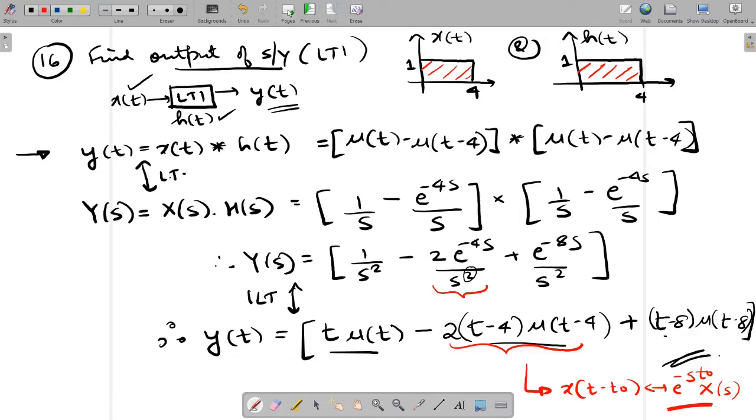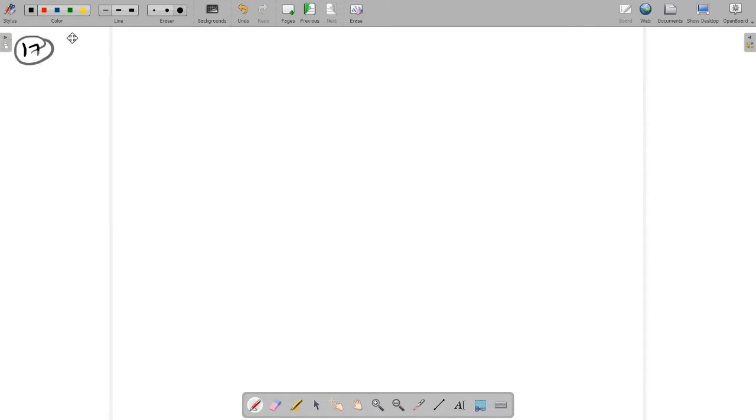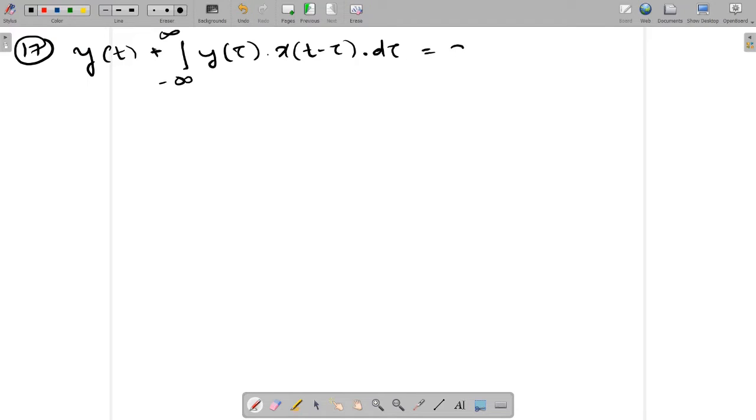Next sum number 17. Very easy sum. Y of t plus integral from 0 to infinity of y of tau x of t minus tau d tau is equal to x of t plus delta t.